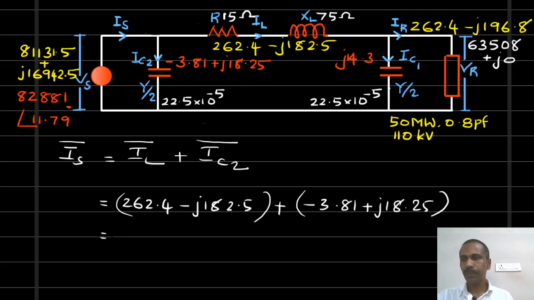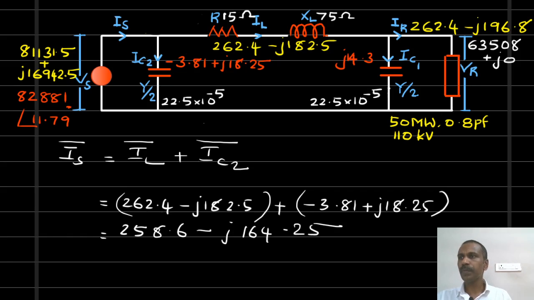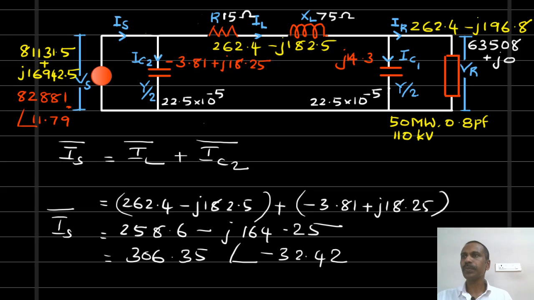This is equal to 258.6 minus J 164.25. This is our source current. In the polar form, this is equal to 306.35 angle minus 32.42.